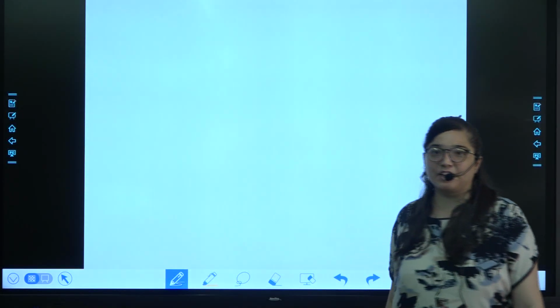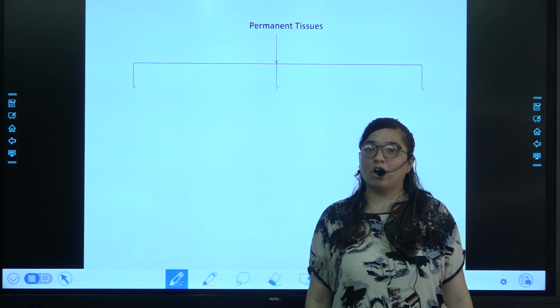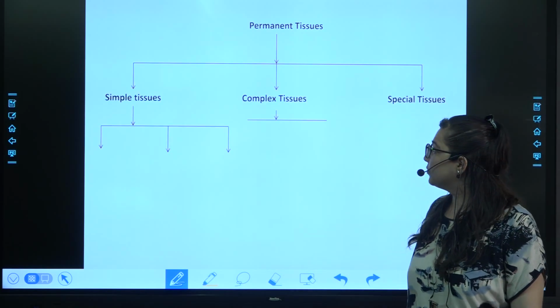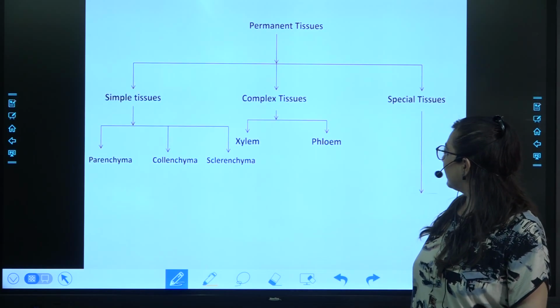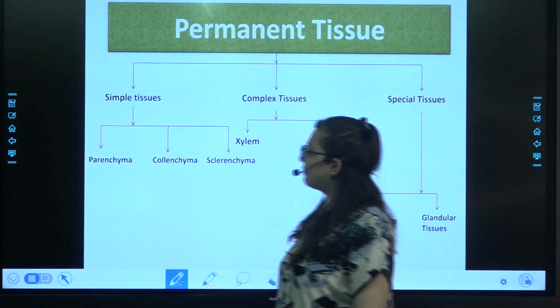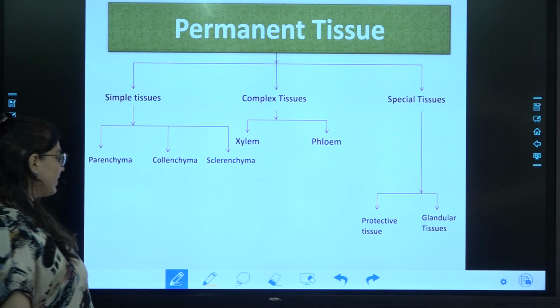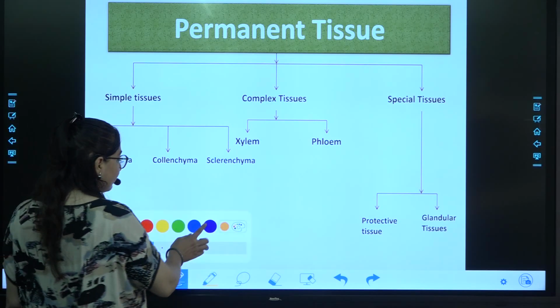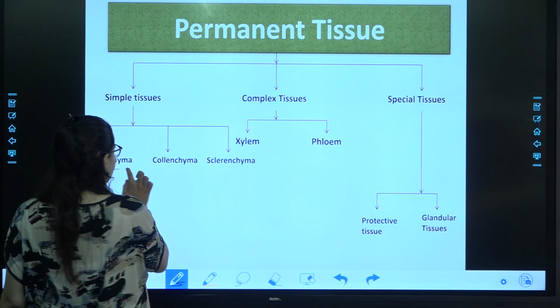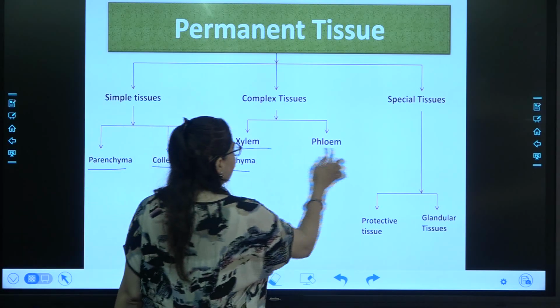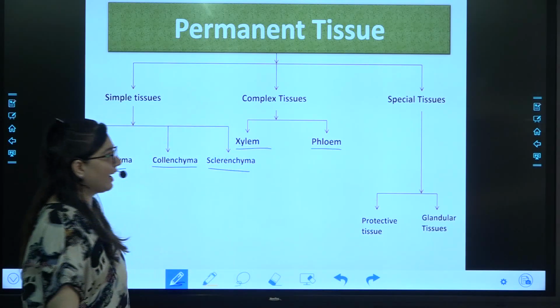The basic classification of permanent tissue. Because we are going to study permanent tissue, you can see how the basic types are displayed here. This is what we started yesterday: parenchyma, collenchyma, sclerenchyma, xylem, phloem, protective and glandular.